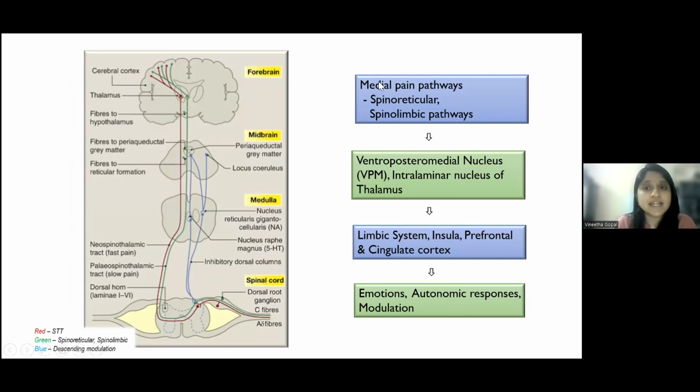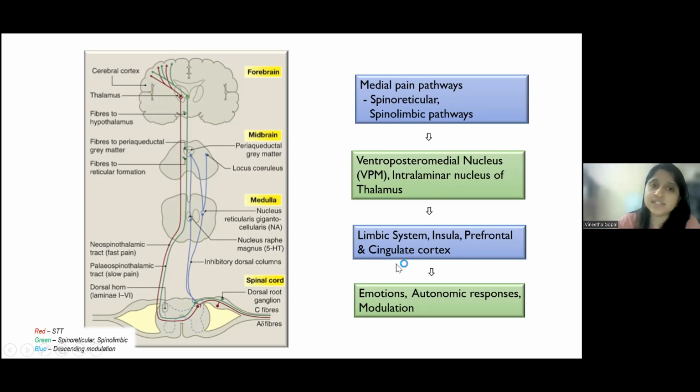Whereas the other one was the lateral pain pathway, there are some medial pain pathways like spinoreticular and spinolimbic. Those shown in green are the spinoreticular and spinolimbic pathways. They also give inputs to the reticular formation and periaqueductal gray matter, and they relay in the VPM, not VPL, the ventroposteromedial nucleus of the thalamus, and the intralaminar nucleus of the thalamus. From there, they project to other parts of the cortex like the limbic system, insula, prefrontal, and cingulate cortex.